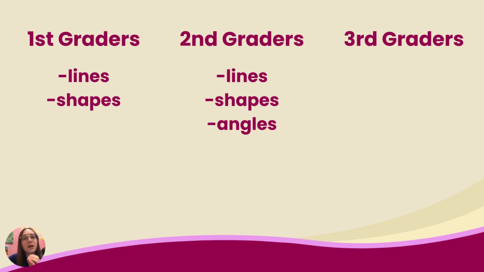Then we add in the angles to get them prepared, because angles are 2 lines put together. So they see that it's building on top of something that they have previously learned in the first level. But we go through the whole review of those lines and shapes just to cement it in their brain.